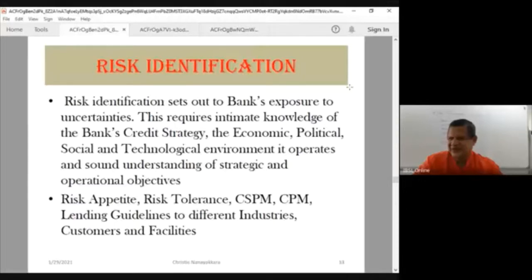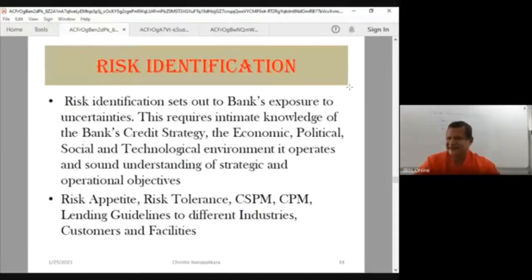You have a branch, say located in an area like Panchikawatte or Maradana. Your main line of business is imports. If the imports have been stopped, you need to create different strategies. You need to create different operational objectives in order to make money. So you need to first identify the risk involved in your existing clientele, for the money you have already granted.